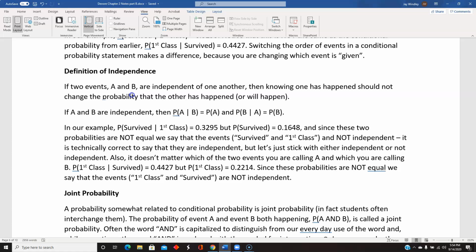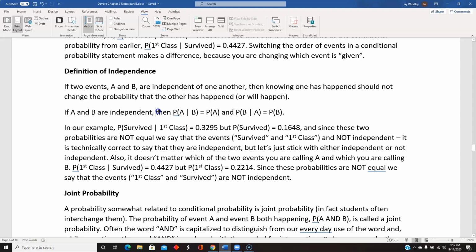And the way we say that as a probability statement is we say that if A and B are independent, the probability of A given B is just the probability of A. So knowing that B has happened doesn't change the probability that A has happened. So the probability of A and the probability of A given B are the same.